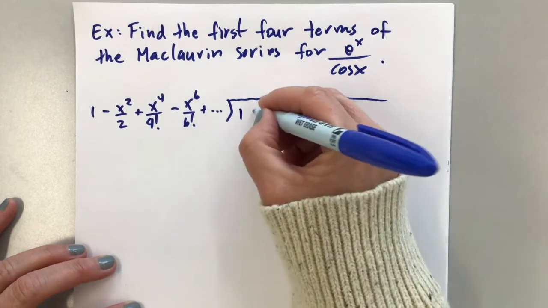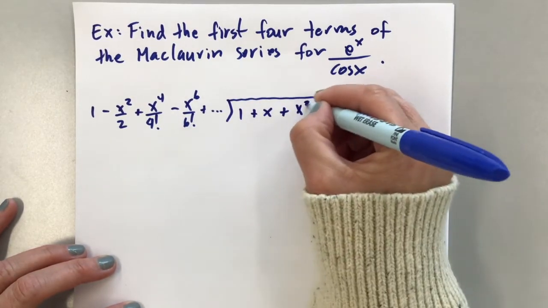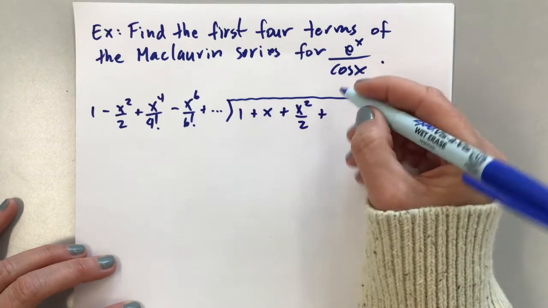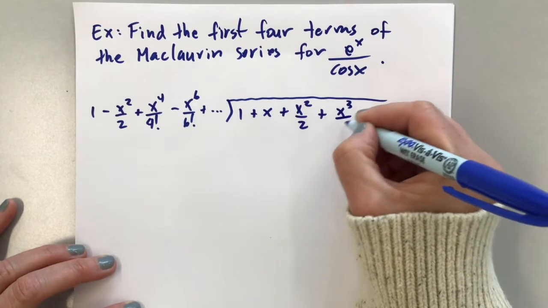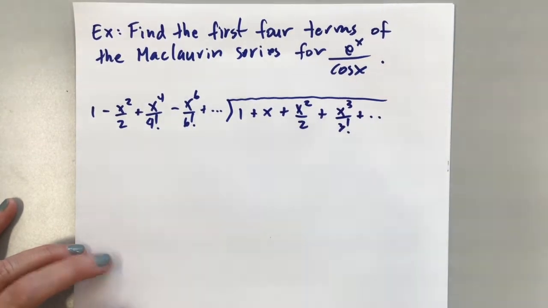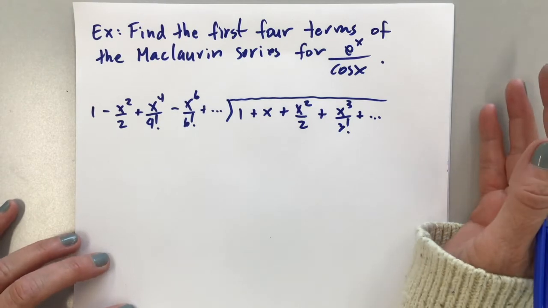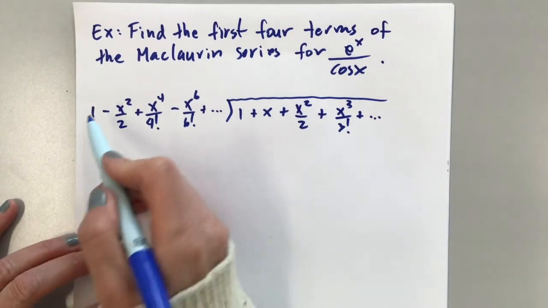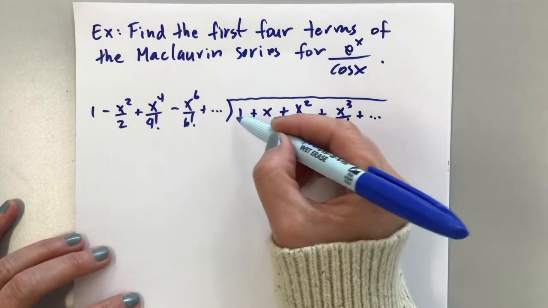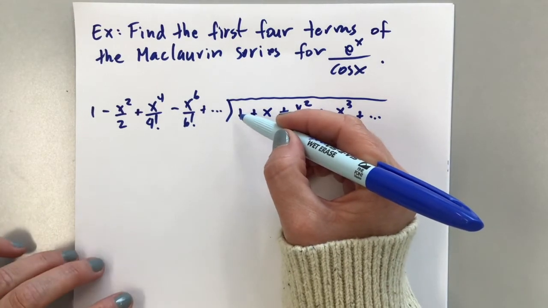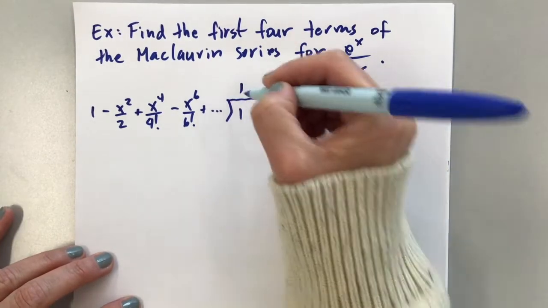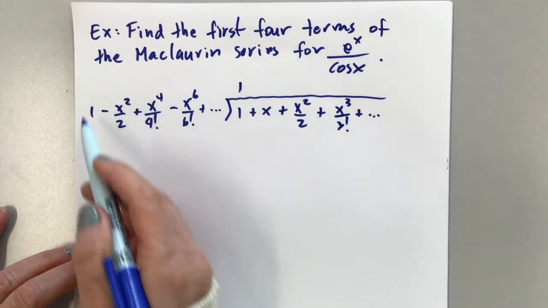So 1 plus x squared over 2 plus x cubed over 3 factorial. And if I need to add terms on in the end, I will. Okay, so just like I showed you in the example a second ago, we have to say, okay, 1 times what gives us 1? And of course the answer to that is 1. So we put our 1 up here, and then we're going to multiply by all of this.